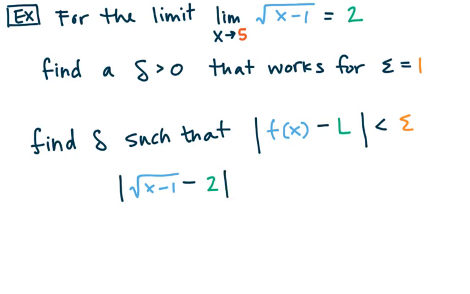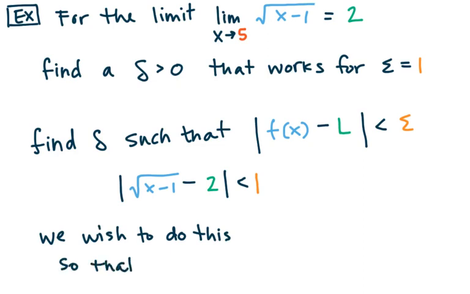That needs to be less than my epsilon value, which is 1. And we wish to do this so that 0 is less than x minus my c value, the number that we are approaching, which is 5, is less than delta.